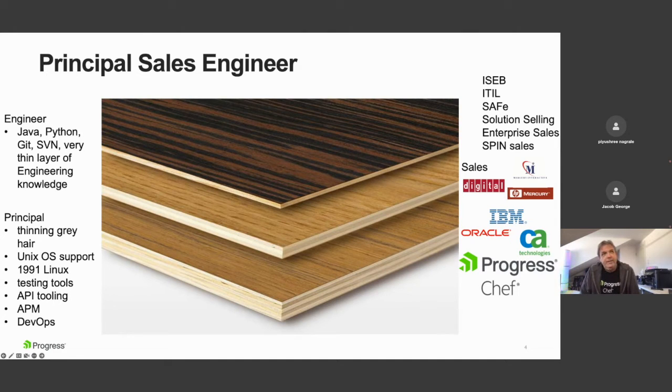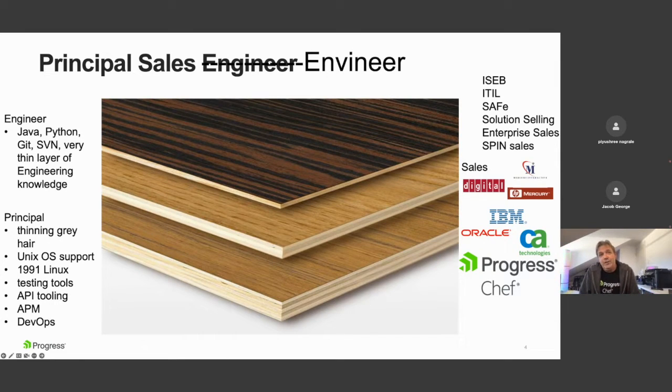And the final bit of principal sales engineer is the engineer bit. I know little bits of Java. I know little bits of Python. I can swear at Git or Subversion. So I have a very thin layer of engineering knowledge. So rather than an engineer, it's more like an engineer. It's a very slight veneer of engineering processes on top of all this other stuff that I've got.